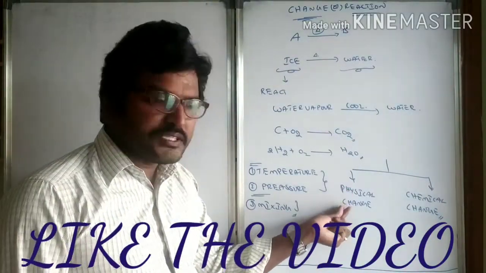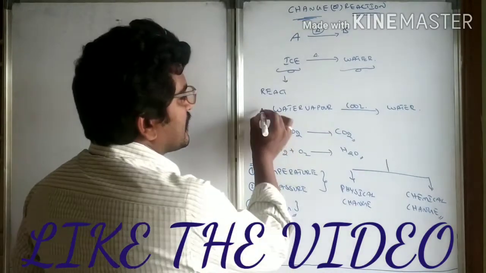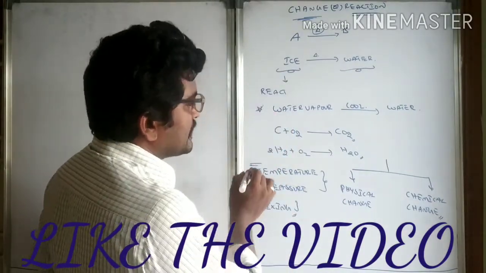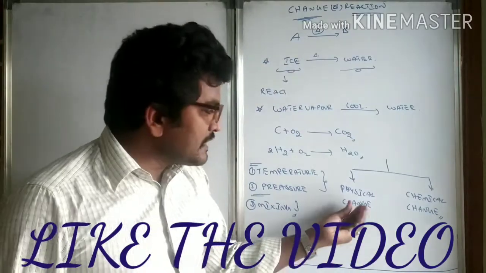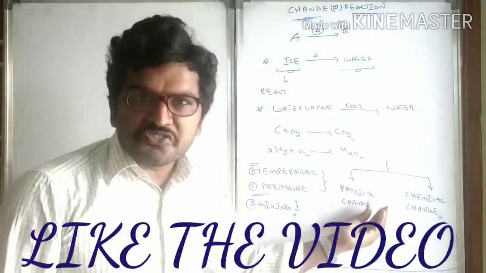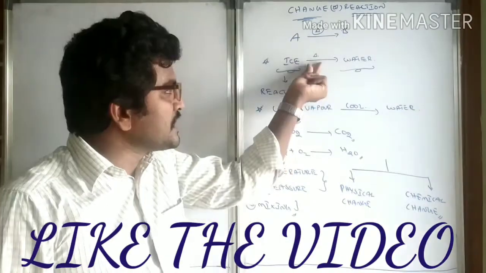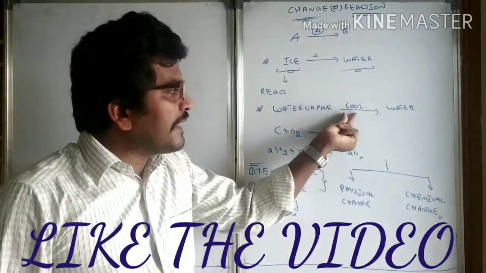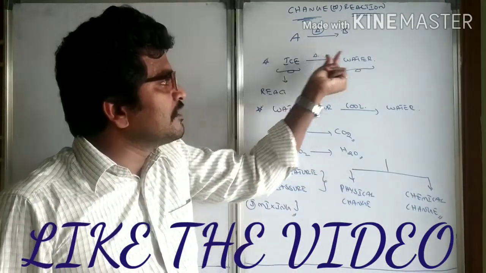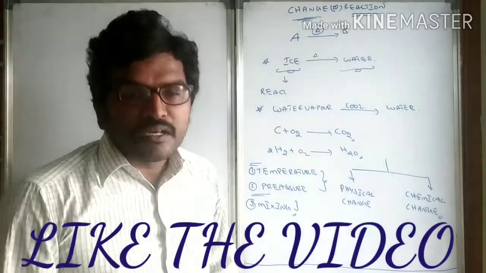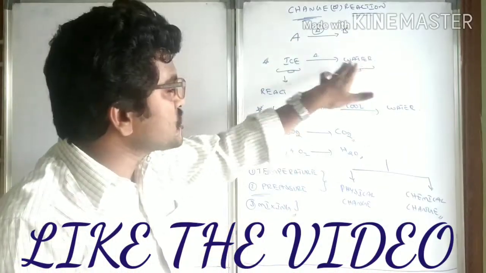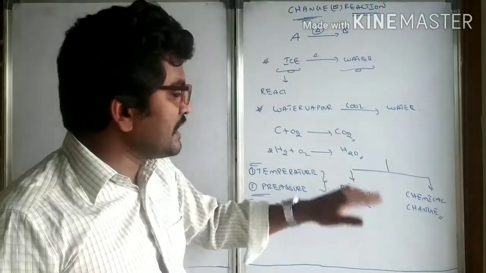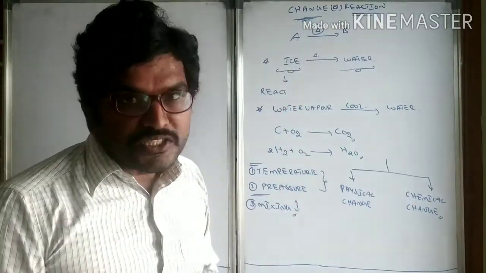Physical change means a change, you see here, water vapor and ice to water. It is a change which happens due to a change in the surrounding factors, and the substance gets converted into another state. When we remove the applied conditions, it comes back to the initial state.